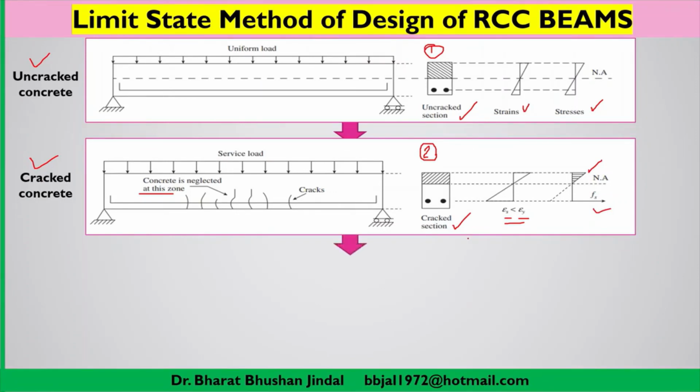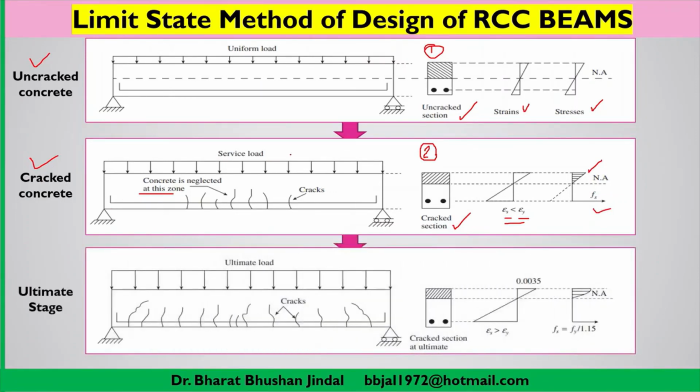And the third case, which we have already discussed, now you can compare all these three stages. In the first stage the load was lesser, in the second stage the load intensity has increased, in the third stage the load has reached its ultimate limit, and cracks have already propagated into more area of the section. And you can compare figures 1 to 3.